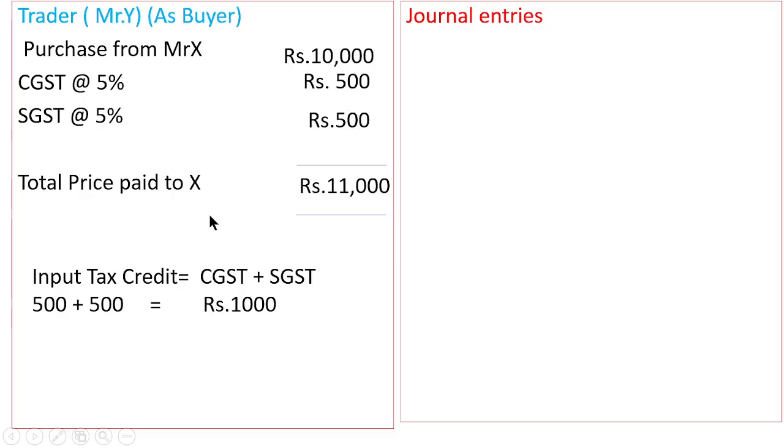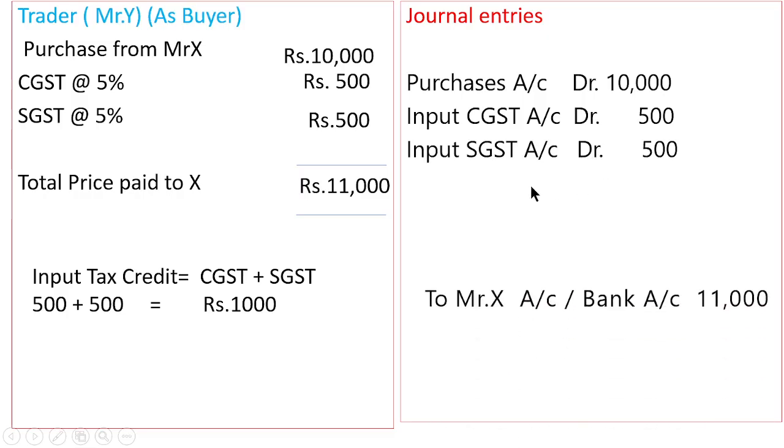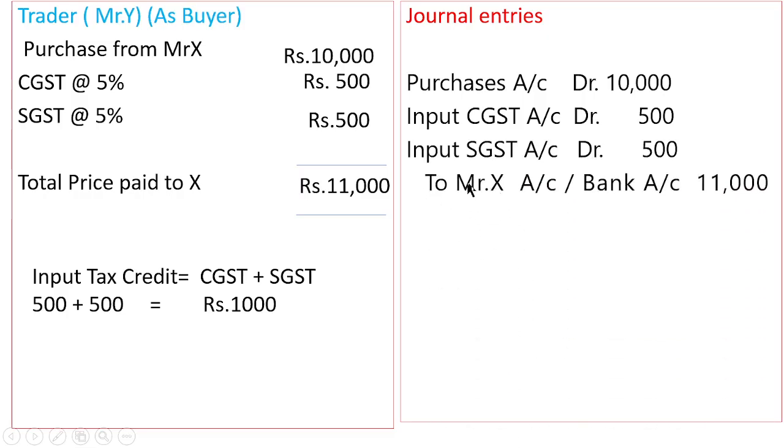It is for Mr. Y. These two accounts are assets. So how will he record that? Purchase account debit. Why? Because it's an expense. Input CGST account debit 500, it's an asset. He can set this off in future. So input CGST is an asset. Input SGST account debit 500, to Mr. X account if the amount is not paid yet.